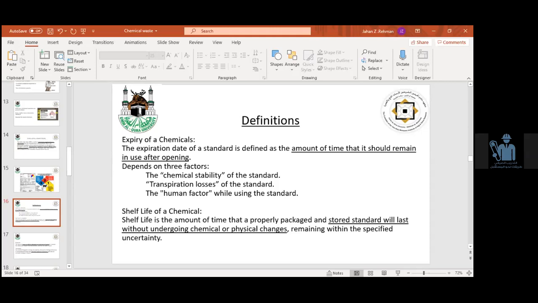But if there is a leak, or you forget to put the cap on it, it may absorb a lot of moisture from the surrounding, so the expiry comes soon. So this is the difference between shelf life and expiry of the chemicals.